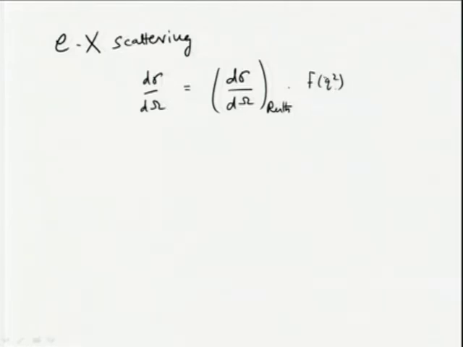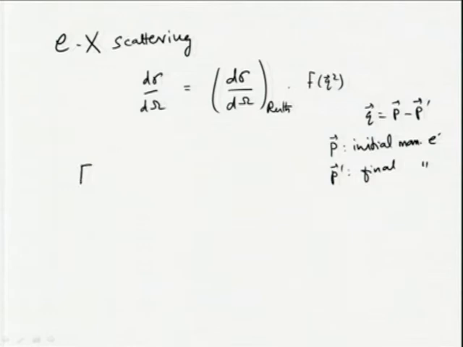Q is basically the momentum exchange. So, Q is equal to P minus P prime, where P is the initial momentum of the electron, and P prime is the final momentum of the electron.